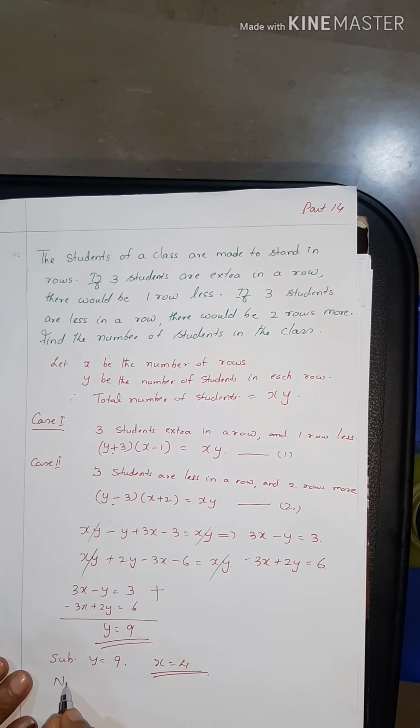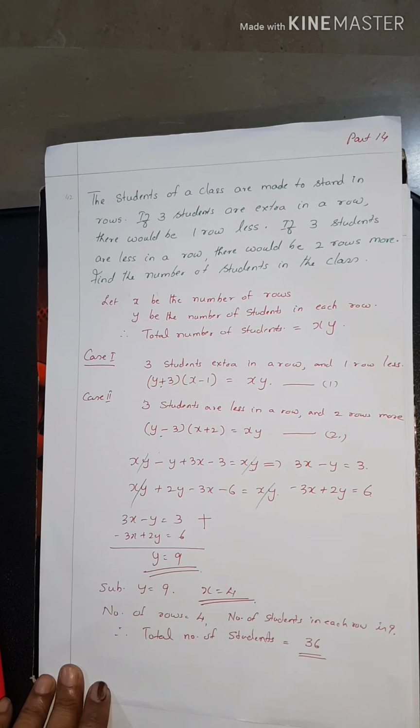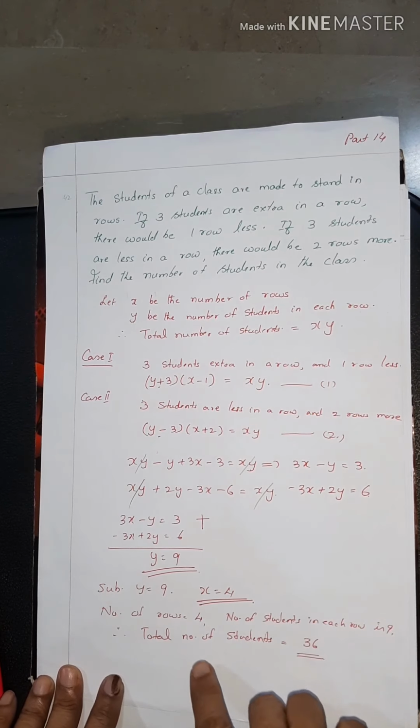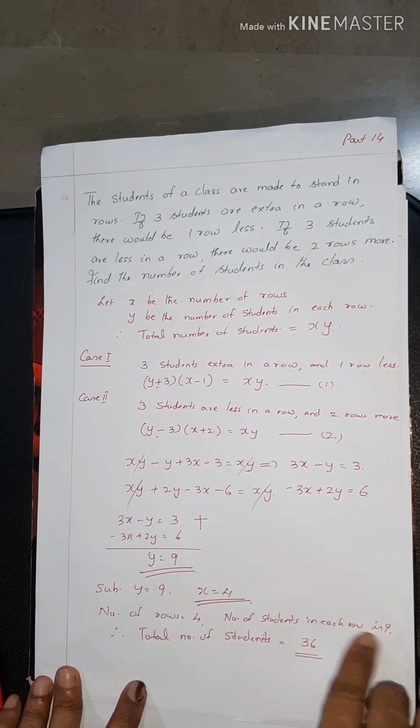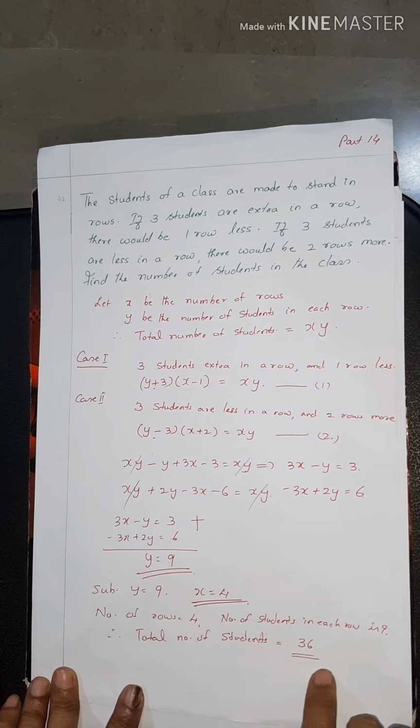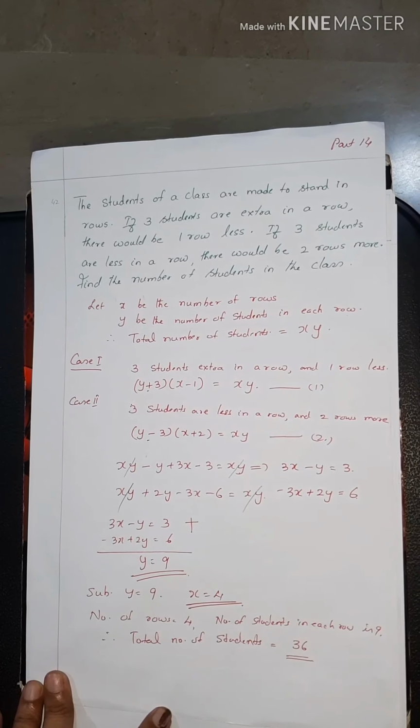So number of rows is equal to 4 and number of students in each row is 9. So now total number of students: the number of rows is 4 and number of students in each row is 9. So the total number of students is equal to 36.